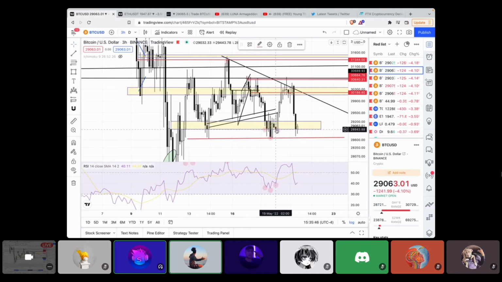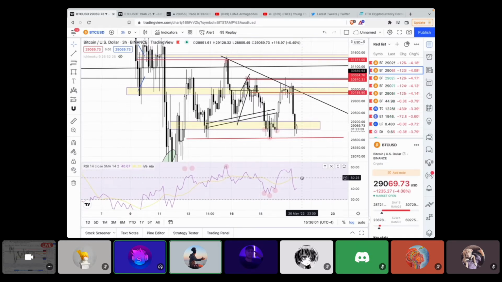So notice how this candle close represents the close down here is above the 40, but this candle closes below the 40, even though this candle's price action closed below this candle. So that's the divergence. Played out nicely.